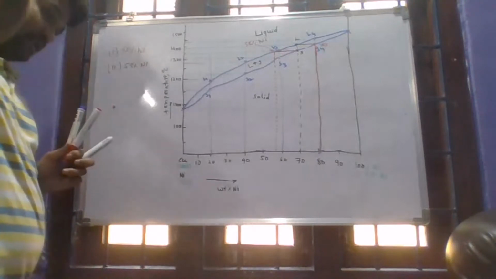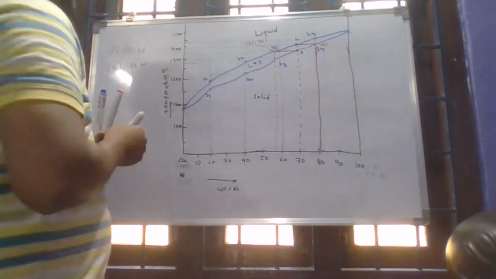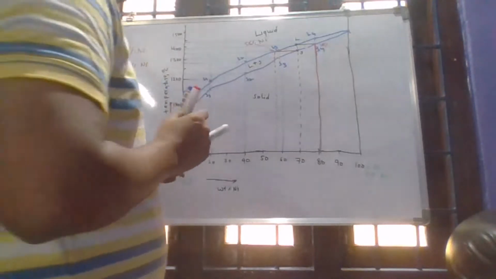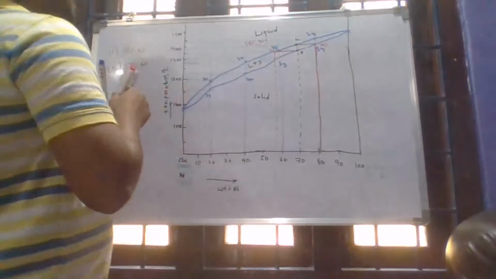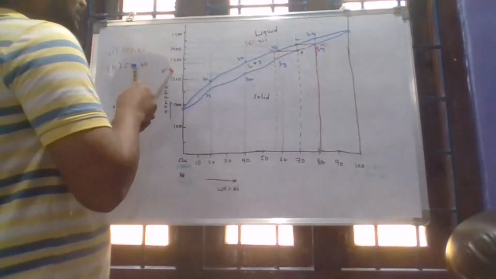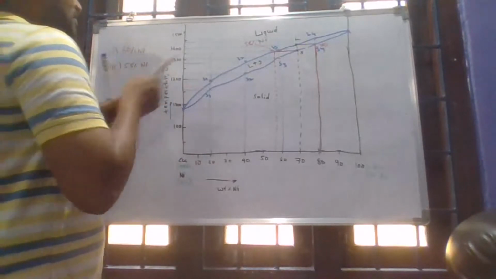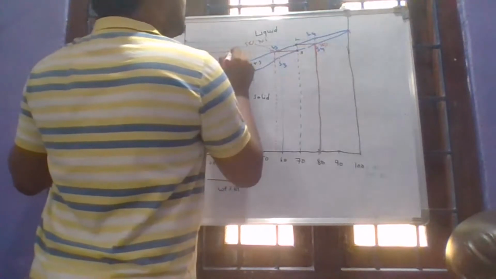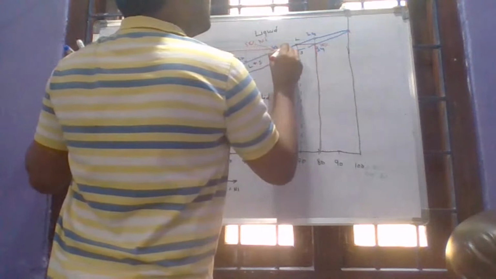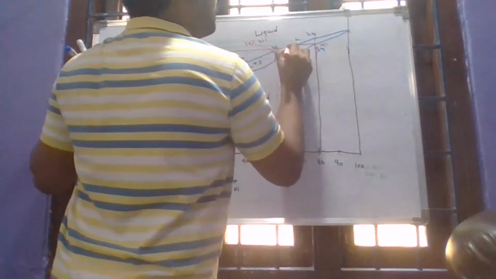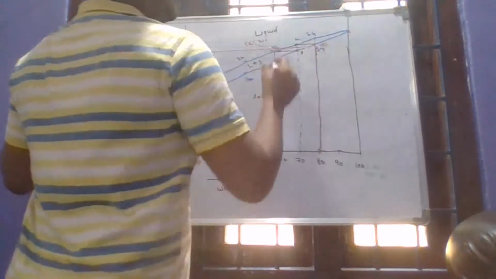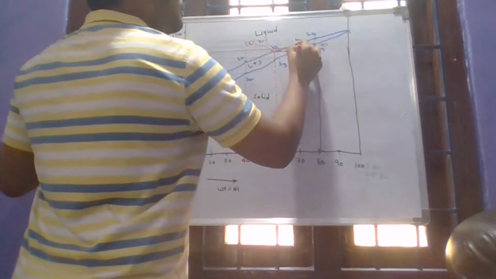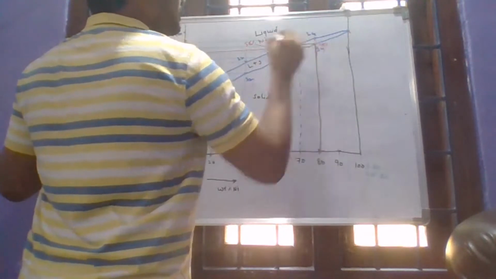Then the third question is at some given temperature. Let us say the temperature given was 1360. At 1360, if you take the line, to be precise, just about here, this is the line indicating the temperature at 1360.